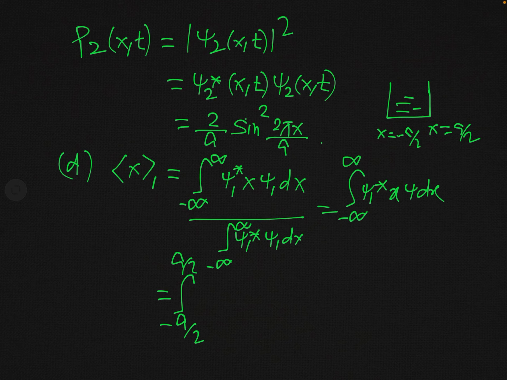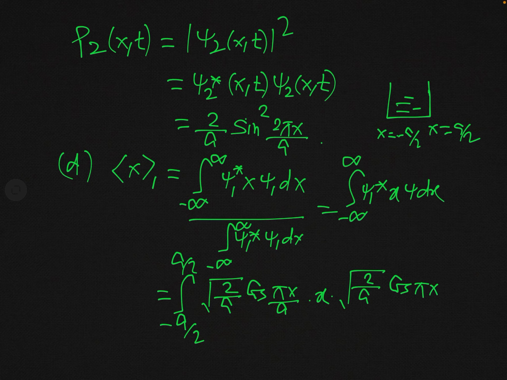Now psi 1 star is what? You know this is simply root over 2 by a cos pi x by a, times x times, again, root over 2 by a cos pi x by a, because you know that psi 1 of x is a real function, so its complex conjugate remains the same.